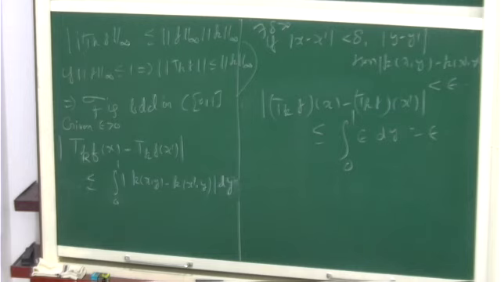Is there a k such that the image of the unit ball under TK is all of it? Yes, it's possible. No, it will not be a homeomorphism.